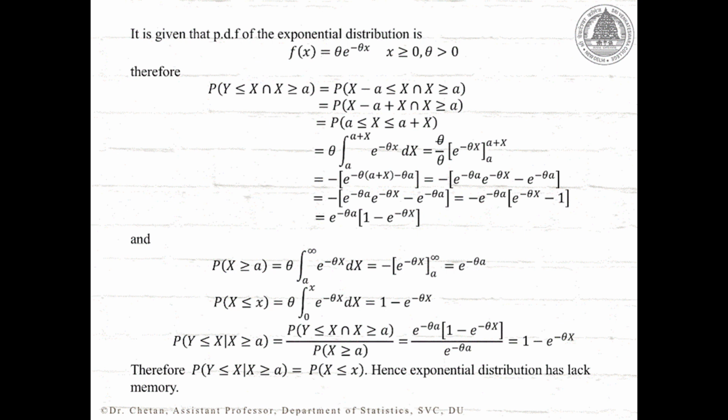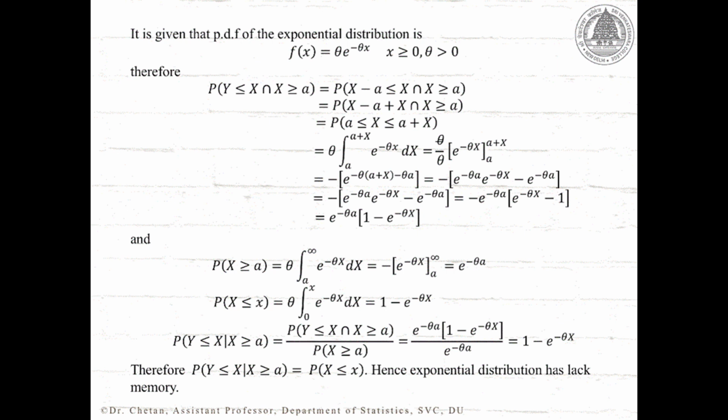Therefore, using the probability density function, we can write theta into the integration from a to a plus x of e raised to the power minus theta x dx, which is equal to e raised to the power minus theta a into 1 minus e raised to the power minus theta x after solving the integration.